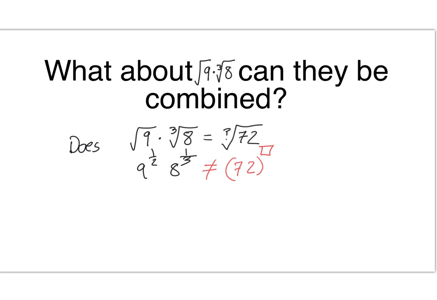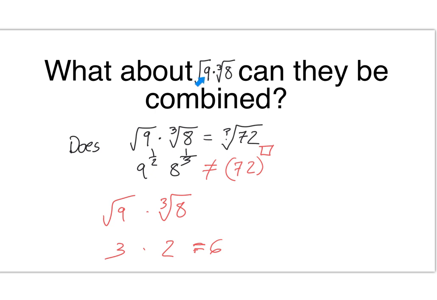So instead, what I'd have to do is say, do I know what the square root of 9 is? Yes, that's 3. Do I know what the cube root of 8 is? It's one of our common cube roots. Yes, it is 2. Giving me 6, not 36. 3 times 2.